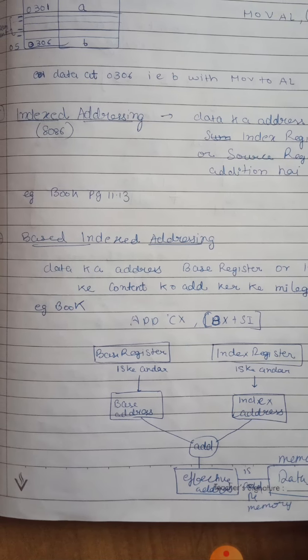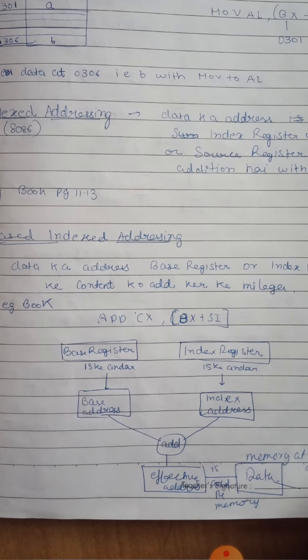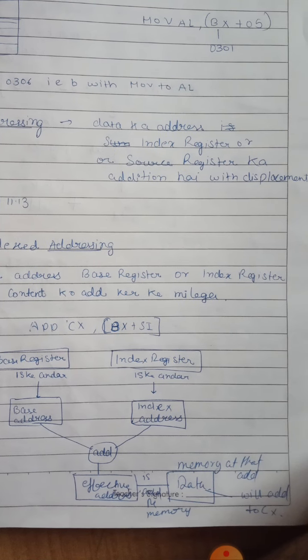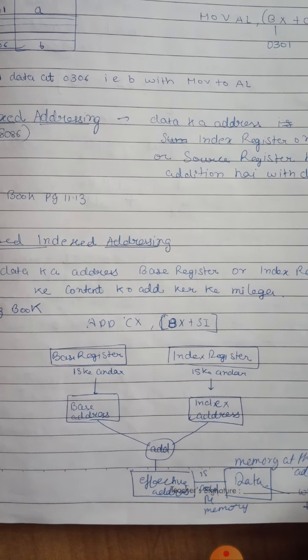The next is base index addressing. In this, both a base register and an index register are present. You can go through this by reading the simple explanation. Now we'll move to the example: ADD CX, [BX+SI]. The base register and index register are two separate registers.